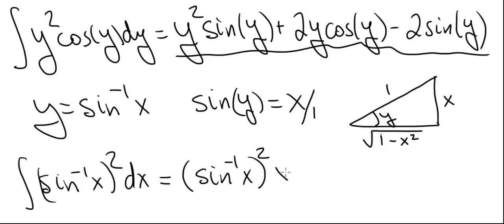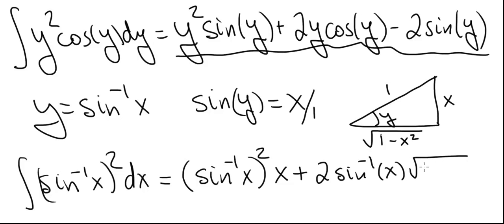Sine of y is x, plus 2y, so that's 2 times inverse sine of x times cosine of y. From the triangle, cosine of y is the square root of 1 minus x squared over 1, or just the square root of 1 minus x squared, and then minus 2 sine y, which is minus 2x, and then we add a constant at the end.